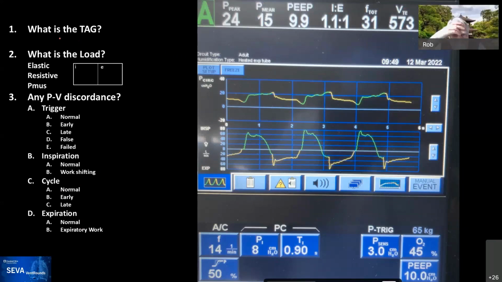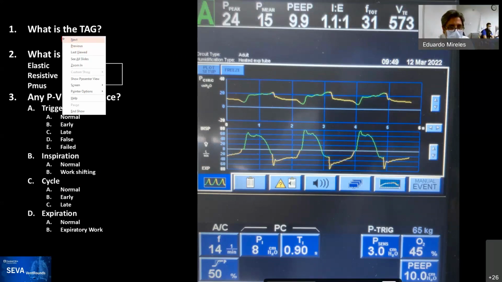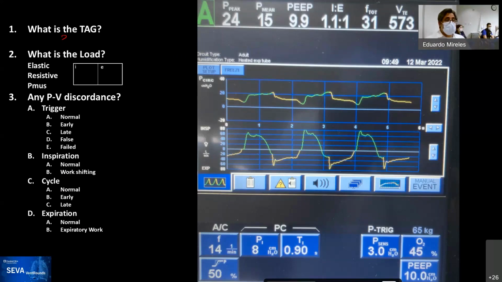I don't see a strict flow control, so I would call the control variable being pressure. And you can notice I put all the variables on the screen, so I didn't want to hide anything from you. No sabotage today.